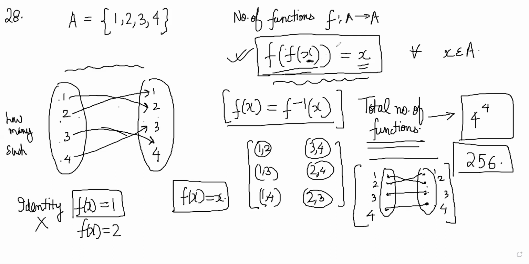Then see whether this works for x in 1 2 3 4. We know that it will work for 1 and 2, just like it worked here. So let's check for f of x equal to 3. F of 3 will be 3, right? And x is 3, so it works. Because f of x is x always works. This was the function where 1 was 1, 2 was 2, 3 was 3, 4 was 4.